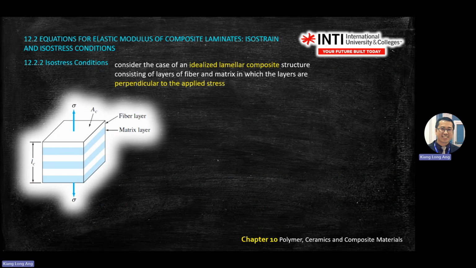Okay, so fiber matrix, fiber matrix, fiber matrix, and the load is at this area. Force or stress is the same, and pulling at both ends is a tensile loading. If it goes inside, it's compressive. So if the question mentioned compressive stress or compressive load, then the arrow will be pointing in.